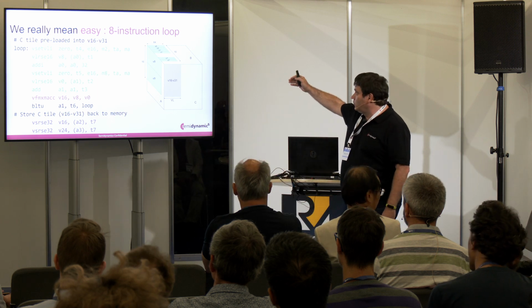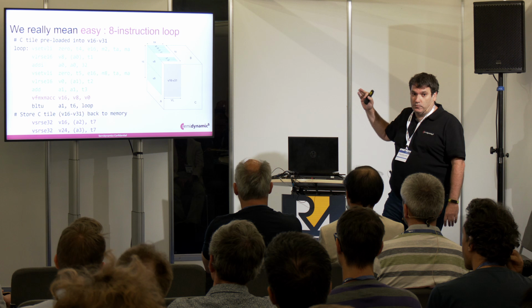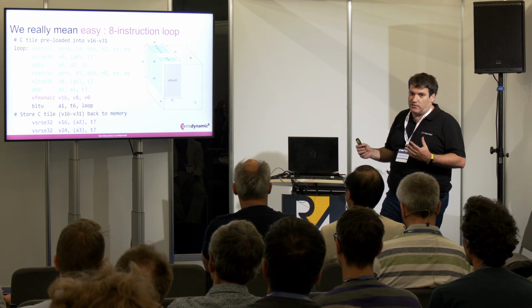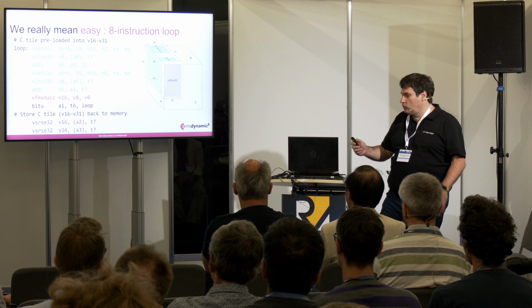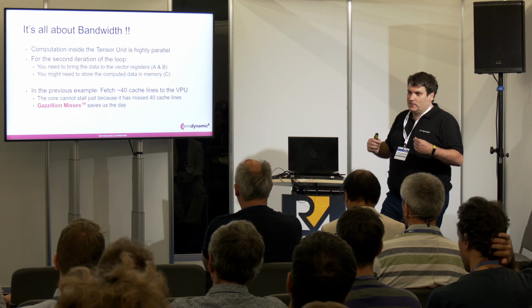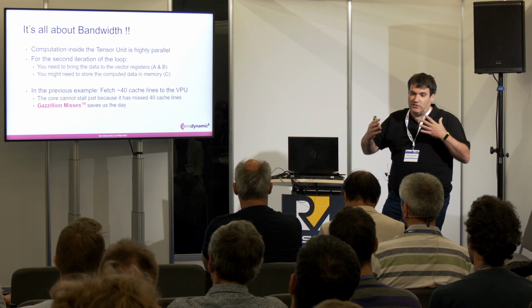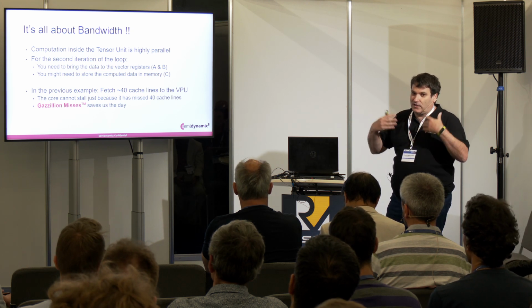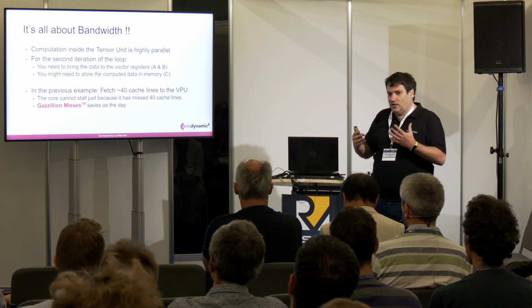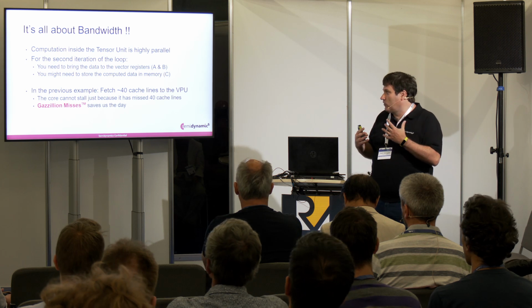In that case, I have to load 10 registers, from B0 to B9. We have assumed 2000 bits as a vector length, so we have to fetch around 40 cache lines to the VPU. So if your matrix multiplication takes around 40-50 cycles, you have to provide a cache line every single cycle. The really important thing in the tensor blocks is the bandwidth.